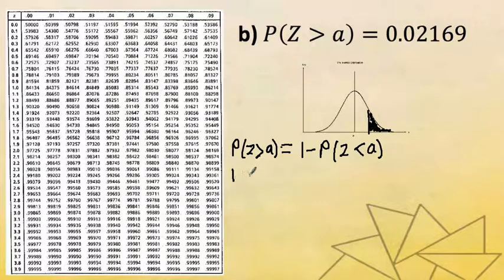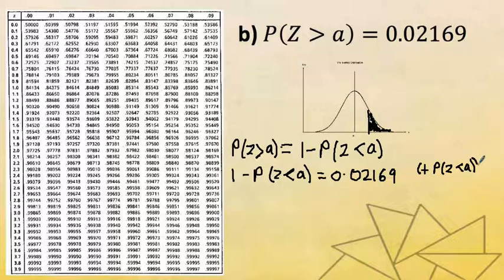So if I set that up as an equation, 1 minus probability Z less than A equals 0.2169. What I'm going to need to do is rearrange this equation, so I'm going to add probability Z less than A to both sides, so it's positive, and I am going to subtract 0.2169 from both sides to collect all the constants on the other side.